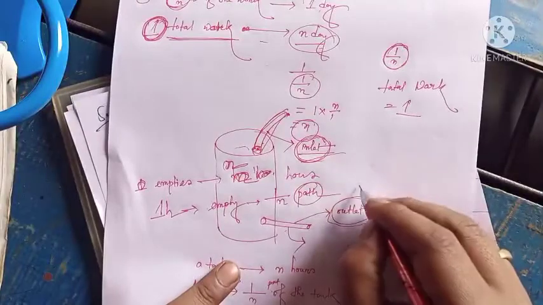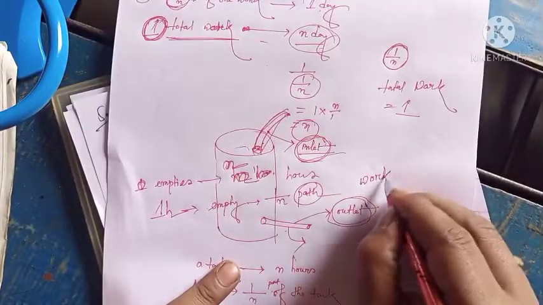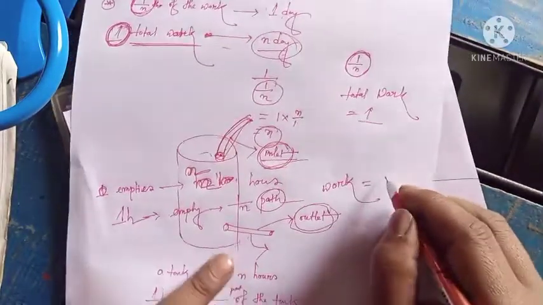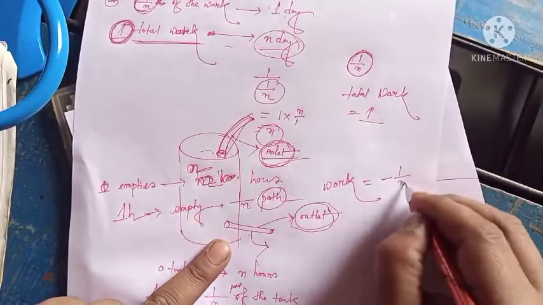So in case of work done by an outlet pipe, if you write that it empties, then write 1 by n.